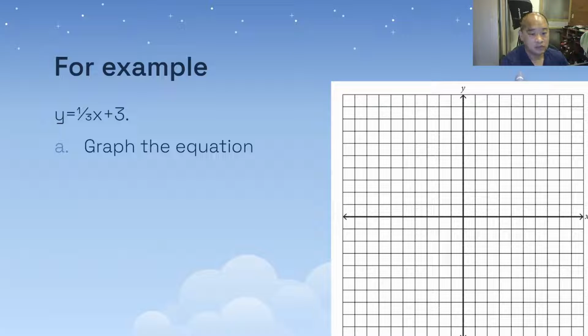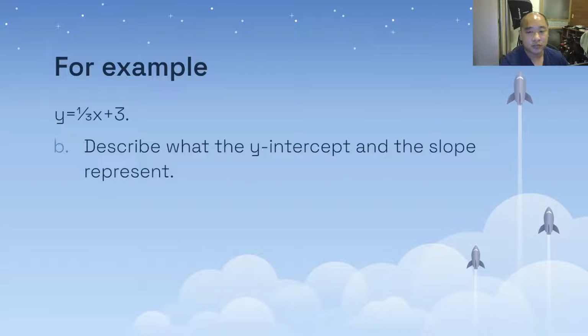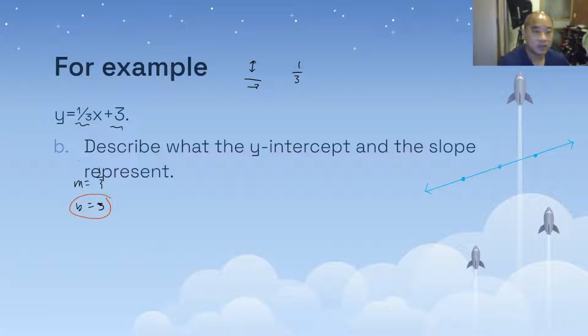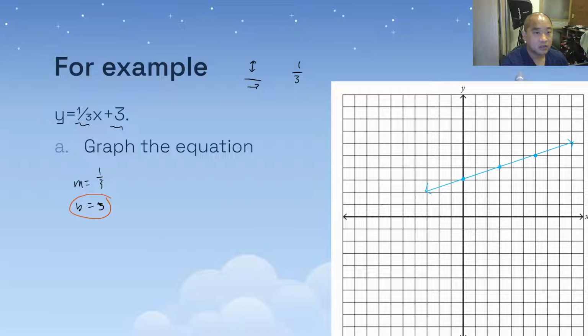Okay. Describe what the y-intercept and the slope represent. Well, the y-intercept, which was 3, was this point right here.